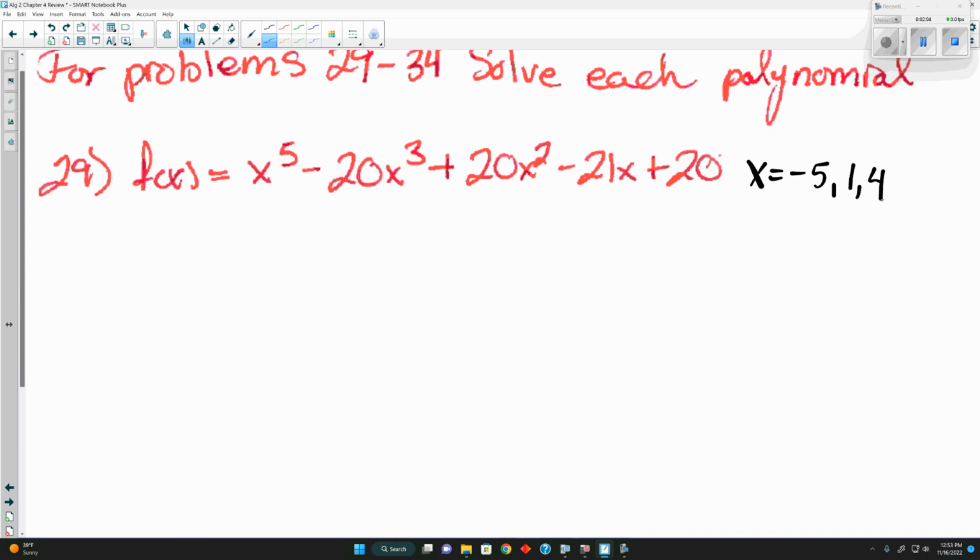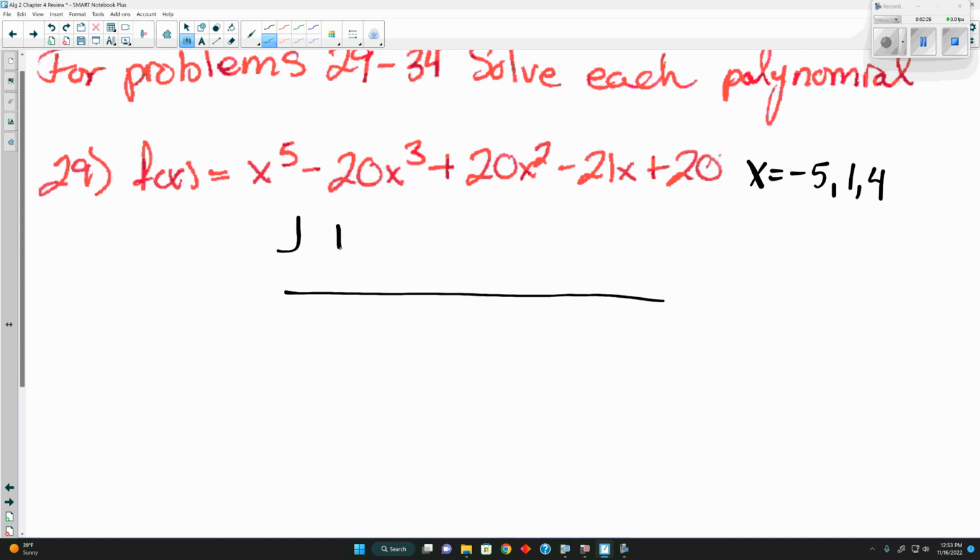We need 2 more. Because the y value is, because we're trying to see what value of x is going to make this function equal 0.